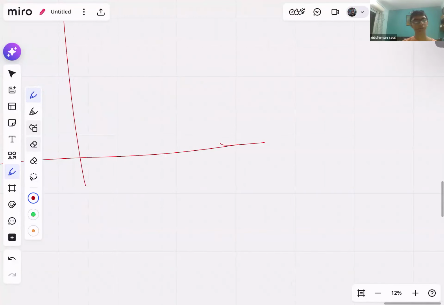Okay, this is probably where I should import the diagram. Oh, okay, wait, just a second.